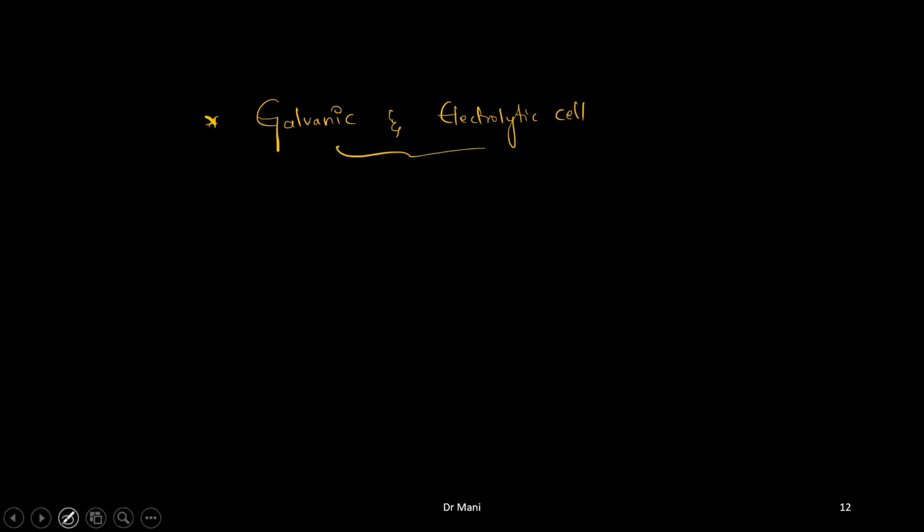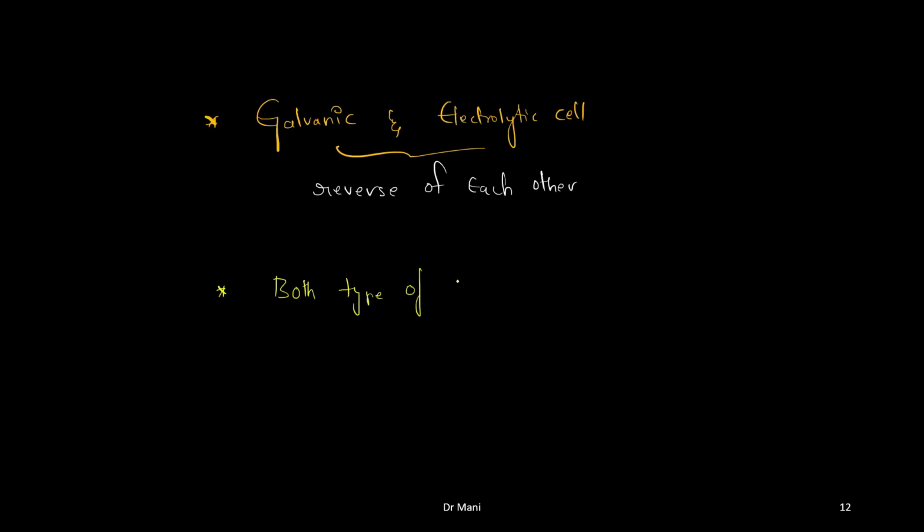Remember this. And remember, in both the cells, the redox reaction will happen. This is another thing you need to remember. In both types of cells, redox reactions take place.